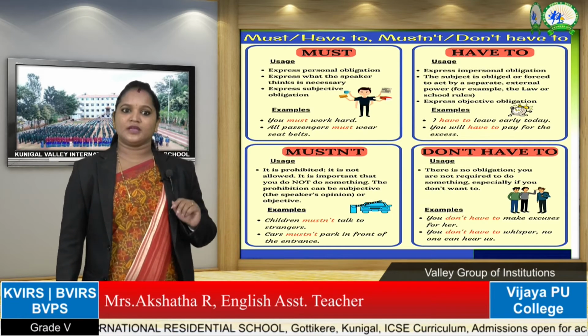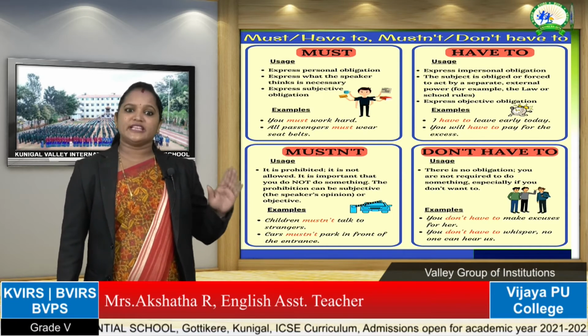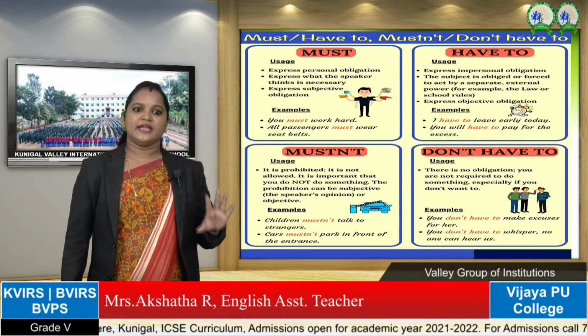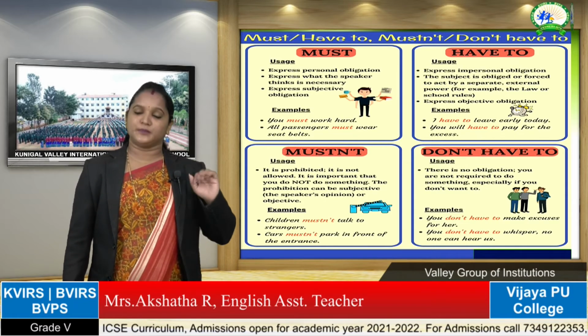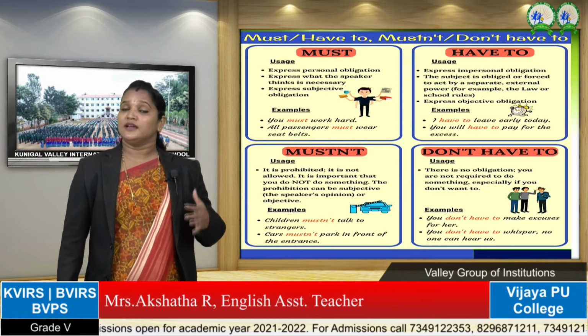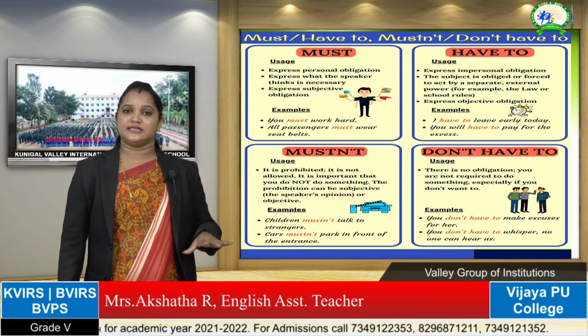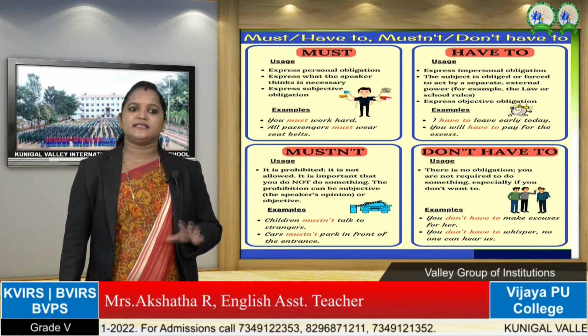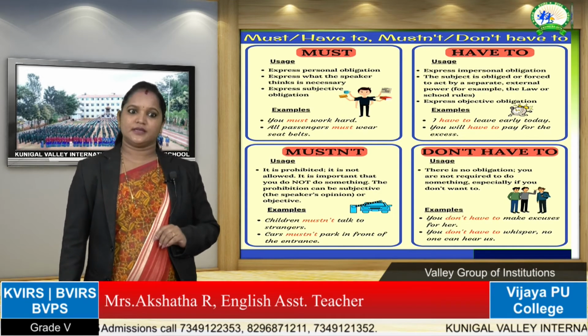How to use them? When you use must to express personal obligation, you must do it. It expresses what the speaker thinks is necessary. When the speaker thinks that it is very necessary, we use the word must. It expresses subjective obligations.